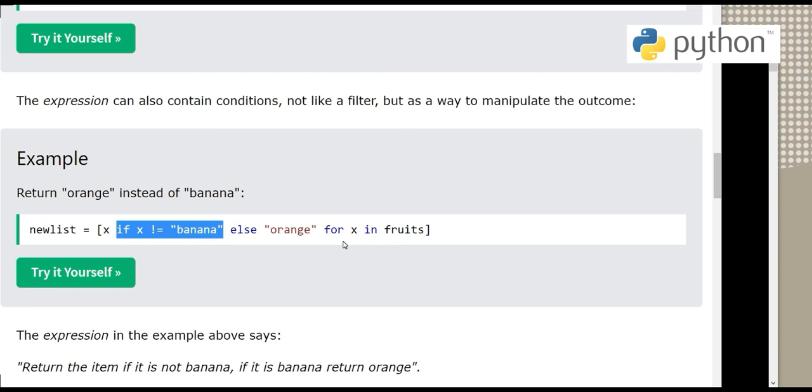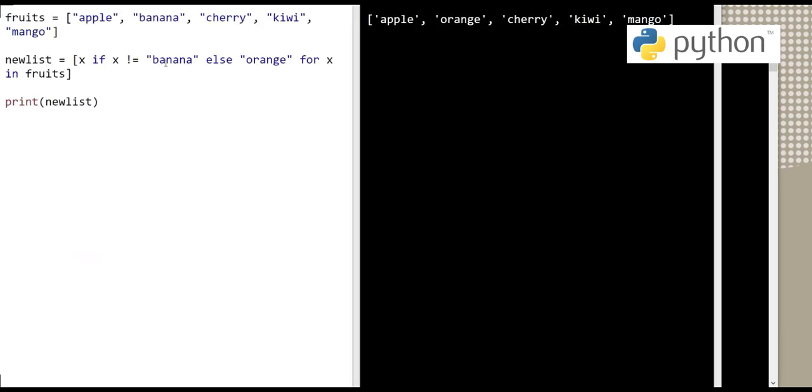So for x in fruits will return us a value from our fruits list, and we will see if it is not banana, then we use it, or if it's banana we will change it to orange. Okay, see here what the output will be then. Banana is replaced with orange in this output.